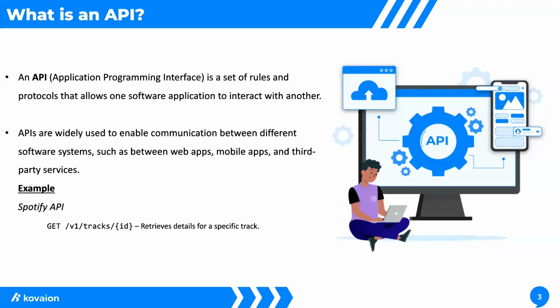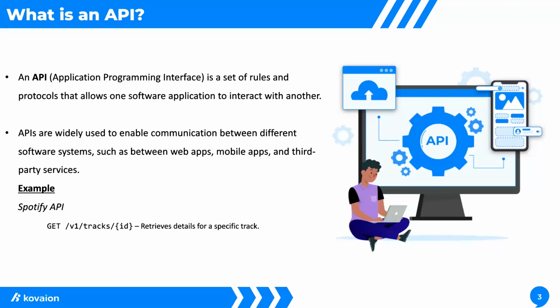First thing, what is an API? API stands for Application Programming Interface. It is a set of rules and protocols that allows one application to interact with another. APIs are essential in enabling communication between different software systems, such as web apps, mobile apps, and other services.